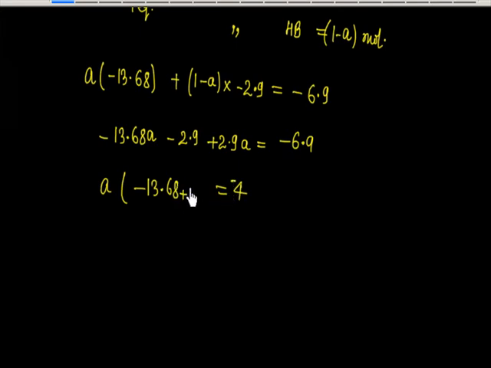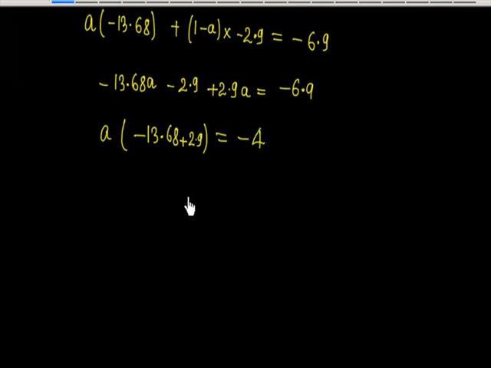So this value is minus 4. Now let us solve for a. If I solve for a, I will have 4 divided by, the minus signs cancel, 13.68 minus 2.9.